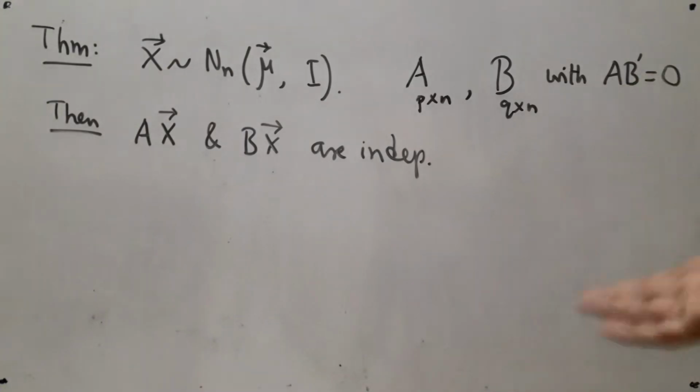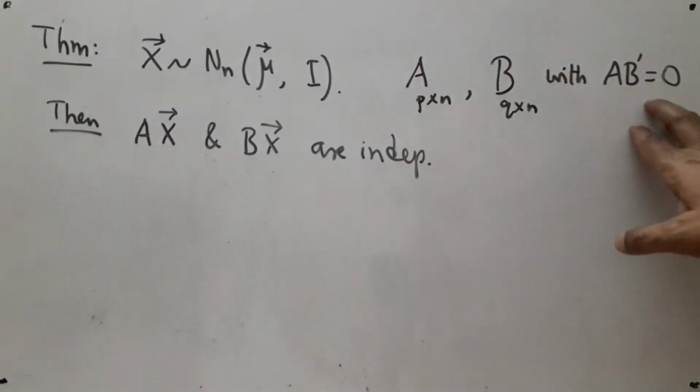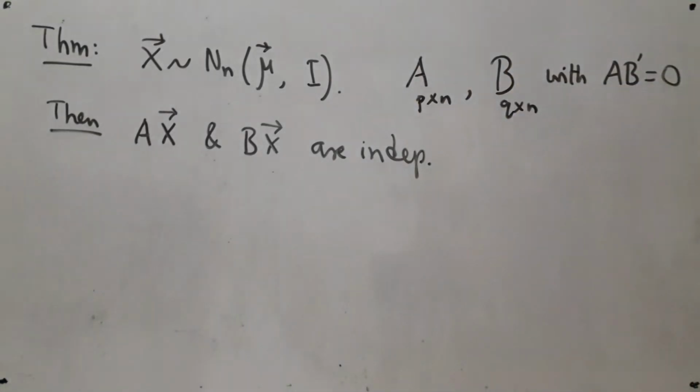So this allows us to use linear algebra to control probability in case of multivariate normal. And if these things are just like vectors, in that case this is essentially saying A and B are orthogonal vectors. So orthogonality in case of linear algebra translates to independence, stochastic independence in case of probability for multivariate normal.